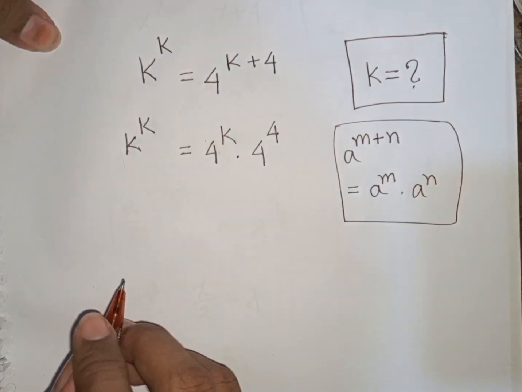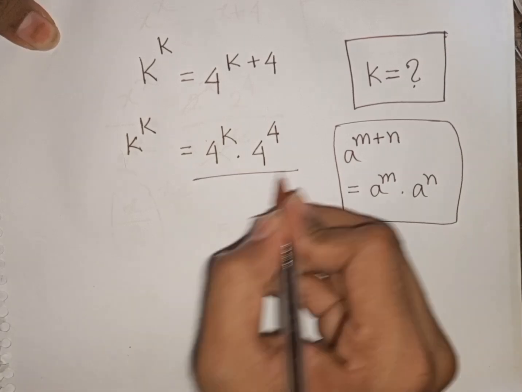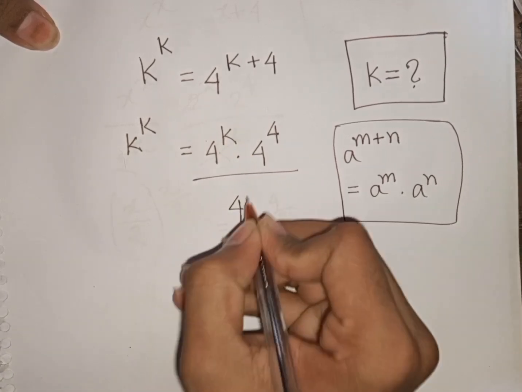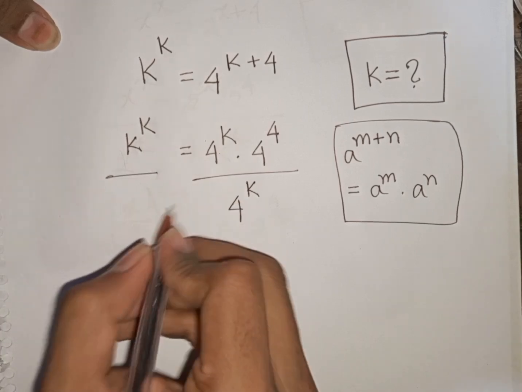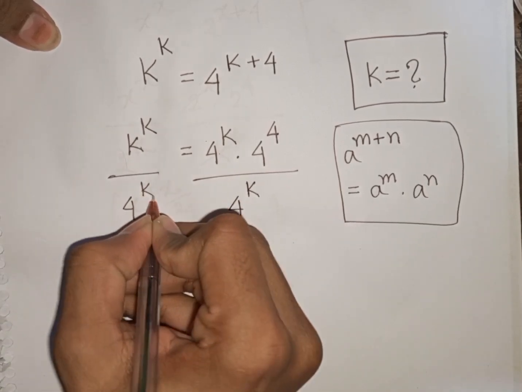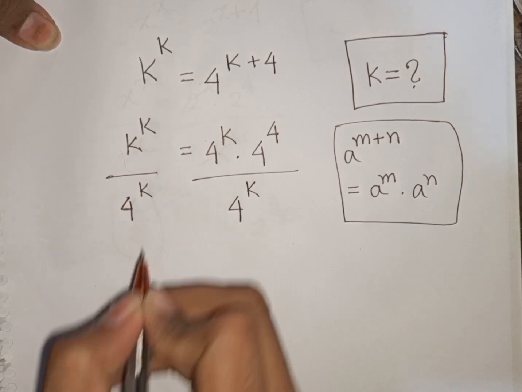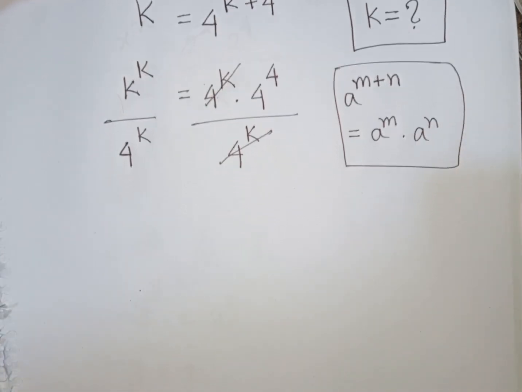Now I divide by 4 power k on both sides, so 4 power k divided by 4 power k. Now this 4 power k will be cancelled.